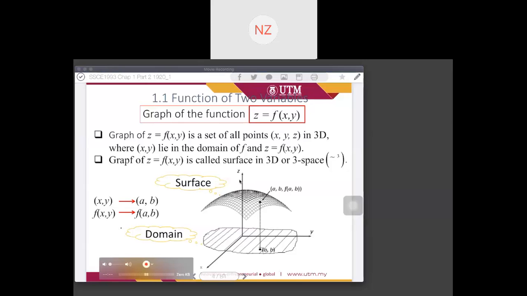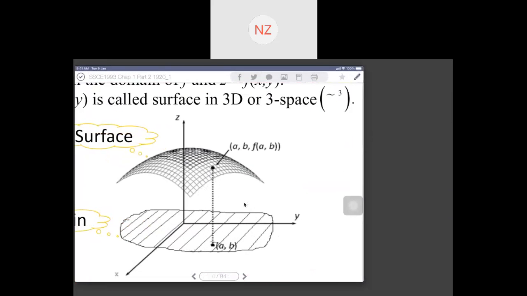As I mentioned before, your sketching of the two-variable function should be in 3D. So let's say you have a surface. For your information, when sketching in 2D, let's say you have the xy-plane and a quadratic smiling curve.